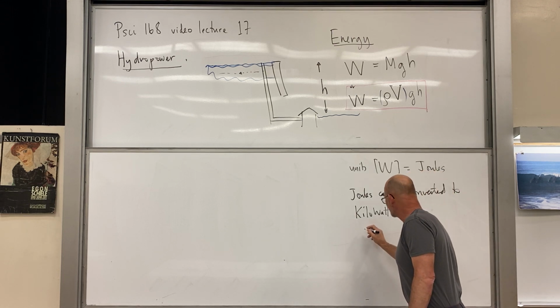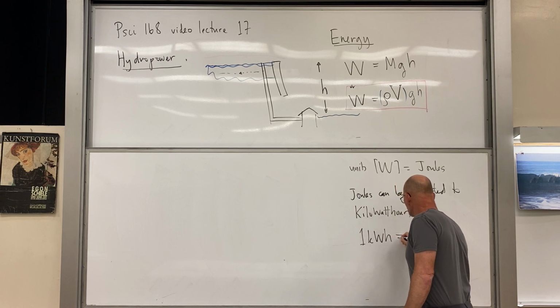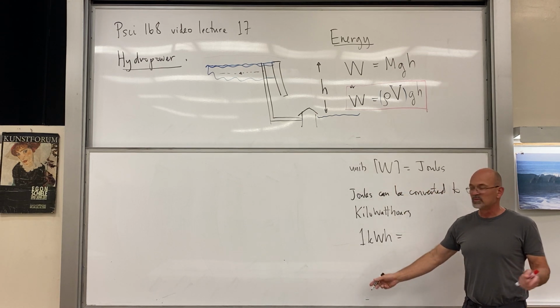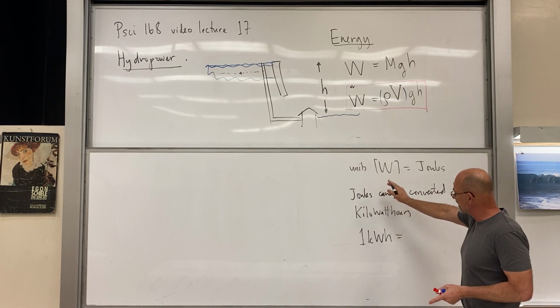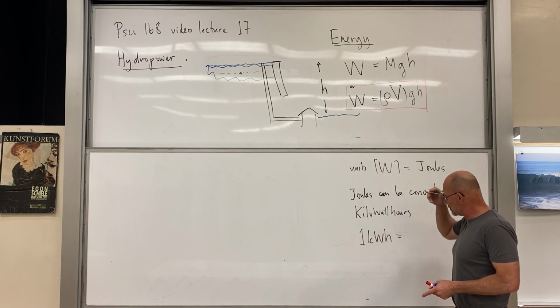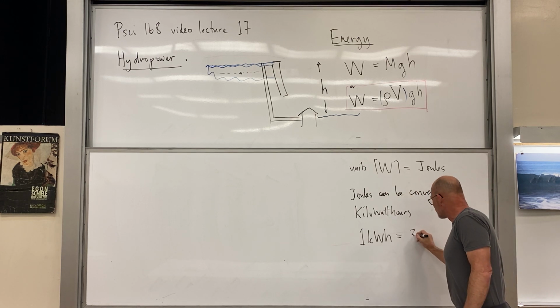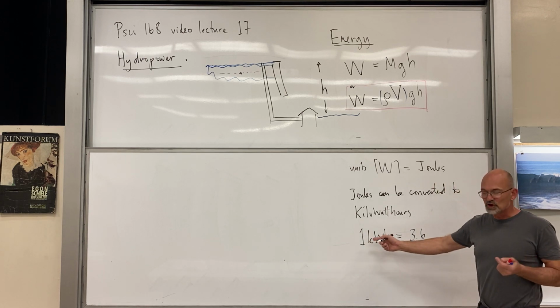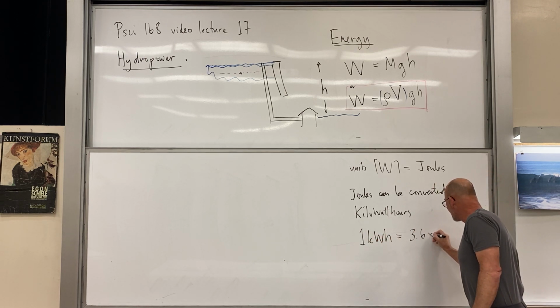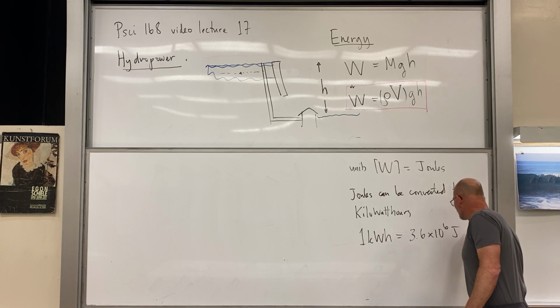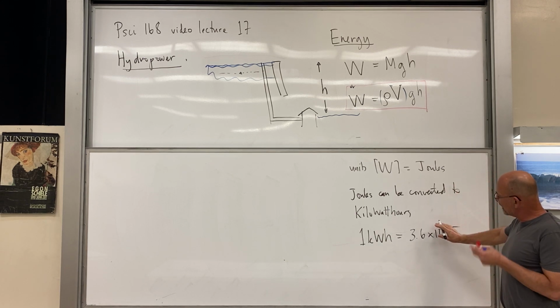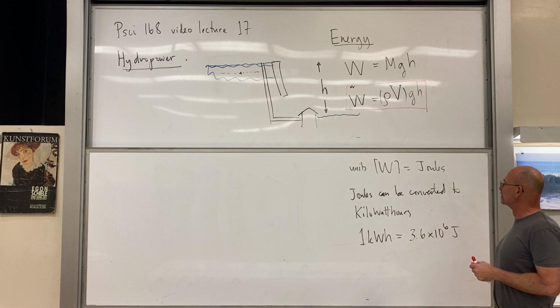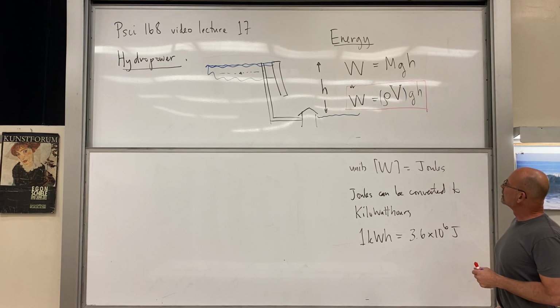And the conversion is this. 1 kilowatt hour, which is 1,000 watts times 1 hour, converted to joules and seconds, it turns into 3.6 times 10 to the 6 joules. So that is a conversion factor that you can always use. Yeah, so that's what we learned last time.